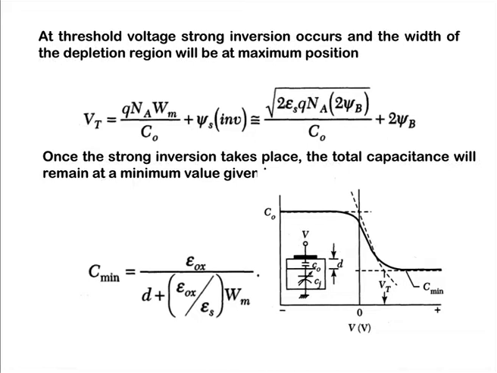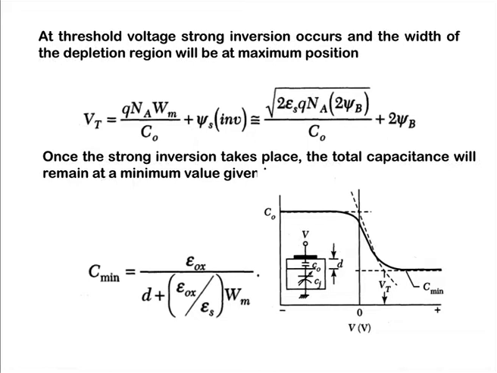So, by using this we can calculate the capacitance, and here in the figure you can see when we have applied the negative bias, the capacitance is very high, and it is equal to the oxide capacitance. When we have applied the threshold voltage, this capacitance will decrease and reach the minimum position.